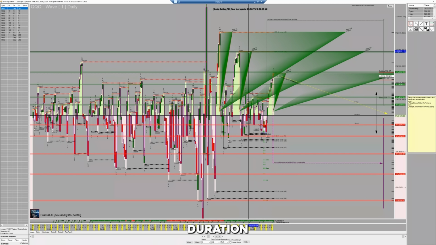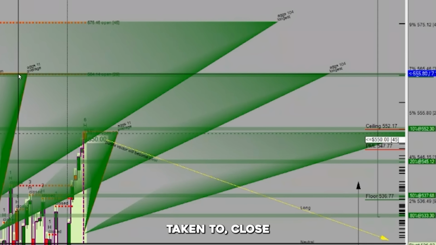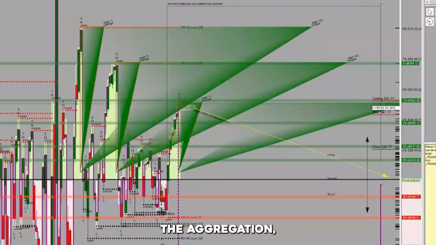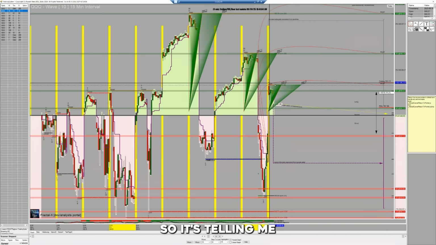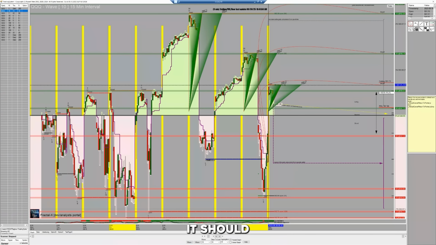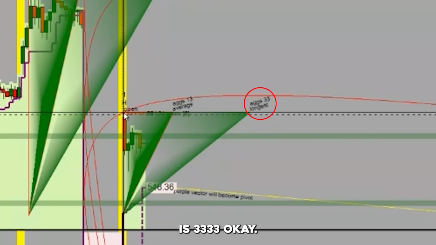And the longest duration it should take to close that open state is 104, which means 104 days, because we are on the daily. If I change the aggregation, for example, to 1015, it's telling me that on average it should take 13 aggregations to close that open state, and the longest duration it can take is 33.